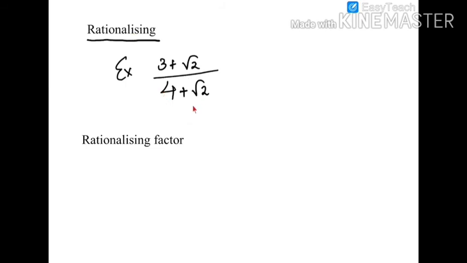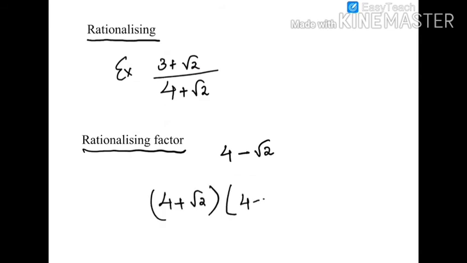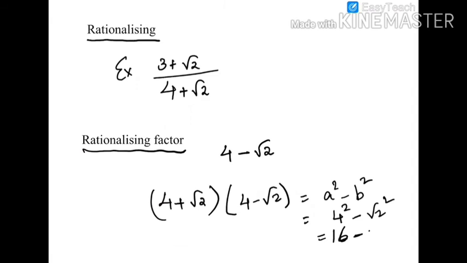Now, in order to get rid of the irrational part in the denominator, we will have to multiply this expression with a rationalizing factor. So, in this example, the rationalizing factor will be 4 minus root 2. So that 4 plus root 2 and 4 minus root 2 will give us a square minus b square, and that helps us in getting rid of the irrational part from the denominator.